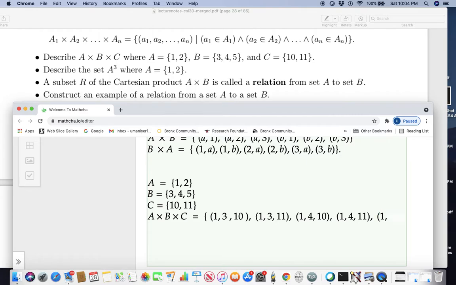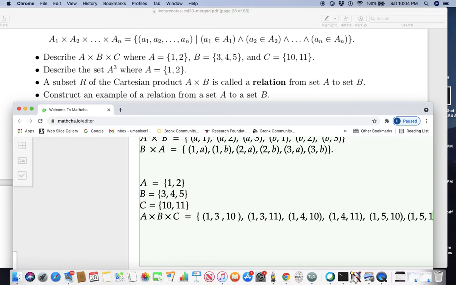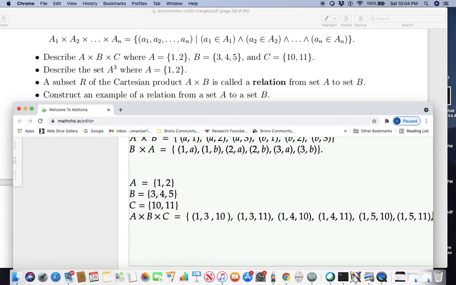So notice I have already received 6 entries using just 1.